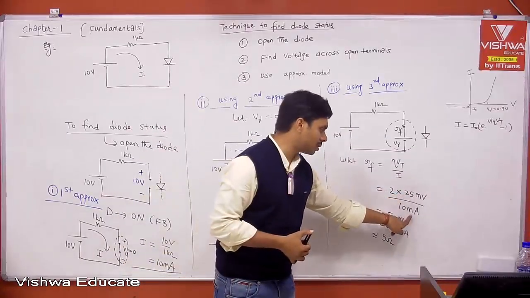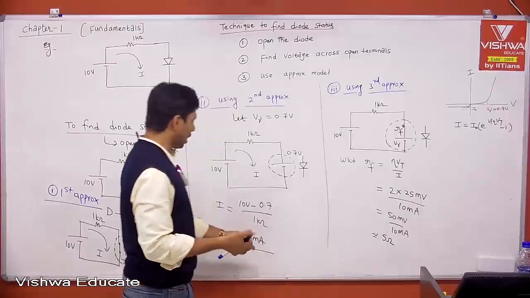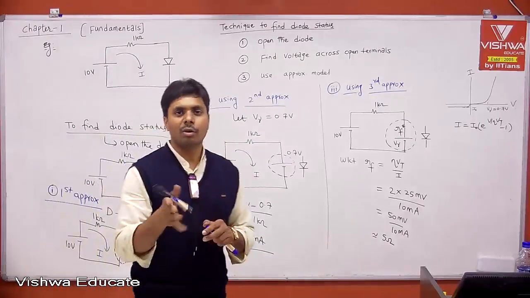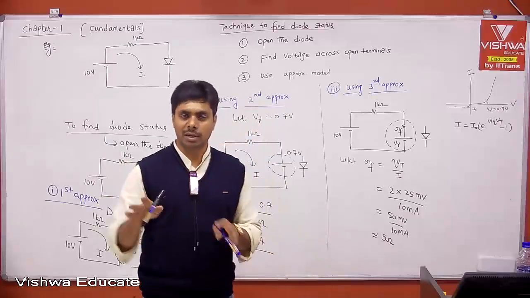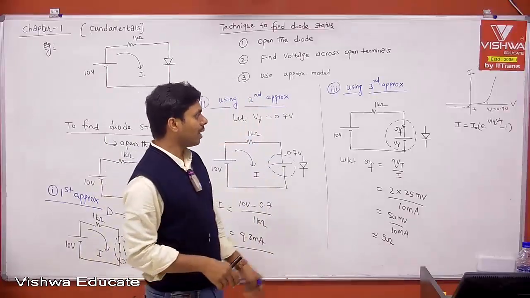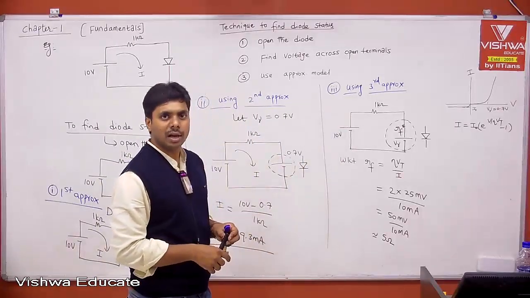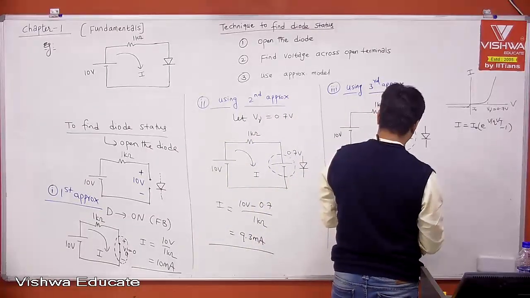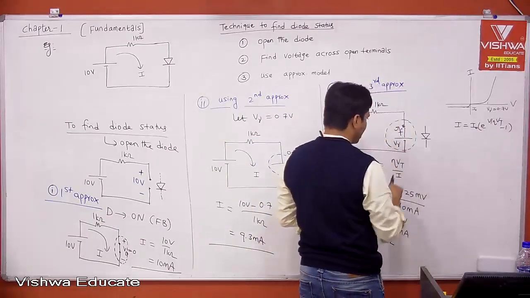Actually this is 26 and this is 9 point something, 9.3 or 9.2, so you get approximately 5, like 4.8, 4.7, 5.1, close to 5. Let us substitute and calculate. Therefore, RF is 5 ohm.